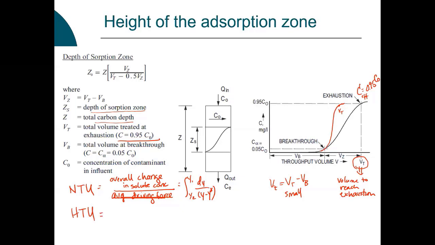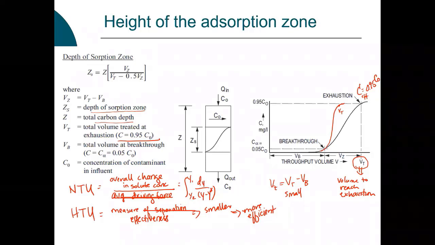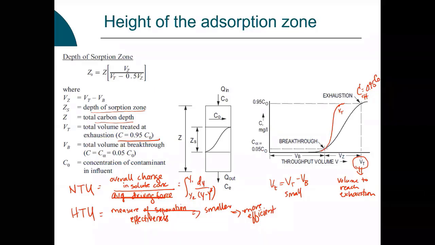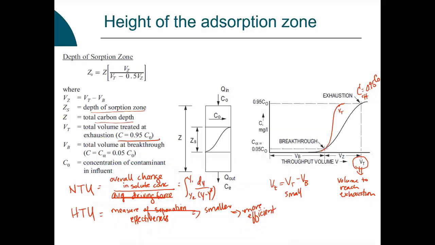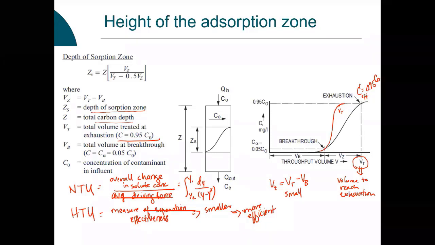The height of the transfer unit is a measure of the separation effectiveness. The smaller the number, the more efficient. If we have a certain number of NTUs that we need in order to achieve the removal, the larger the HTU, the height of the transfer unit, the bigger the column we need. Basically, think of it that way.